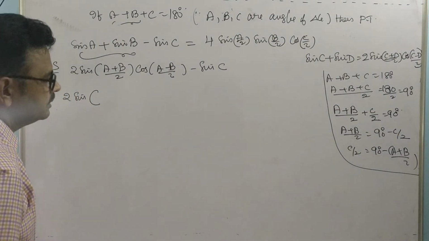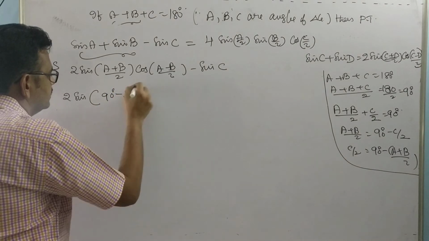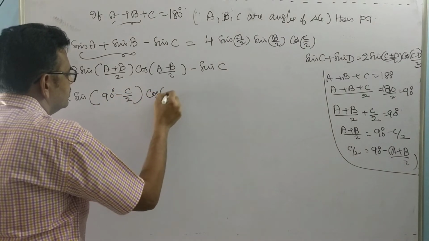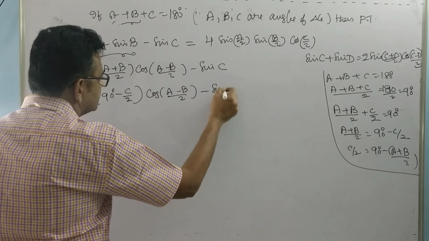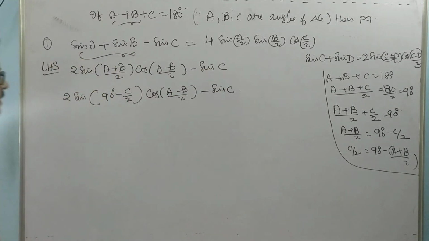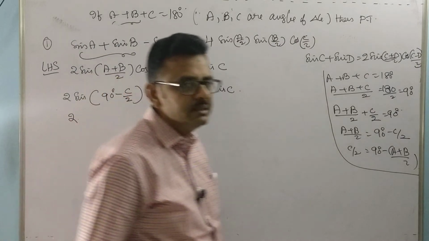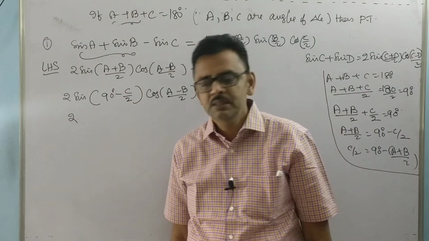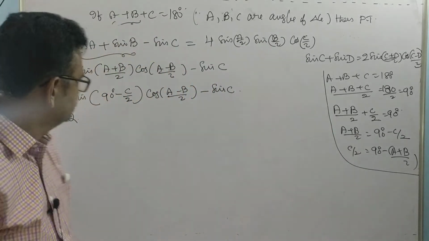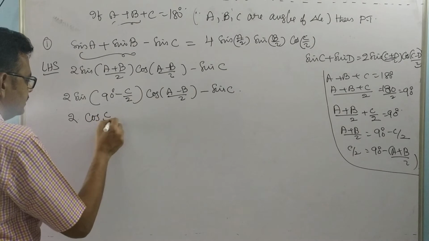So this is 2 into sin of 90 degrees minus C by 2 into cos of A minus B by 2 minus sin C. Sin of 90 minus theta is cos theta. So sin of 90 minus C by 2 is cos C by 2.